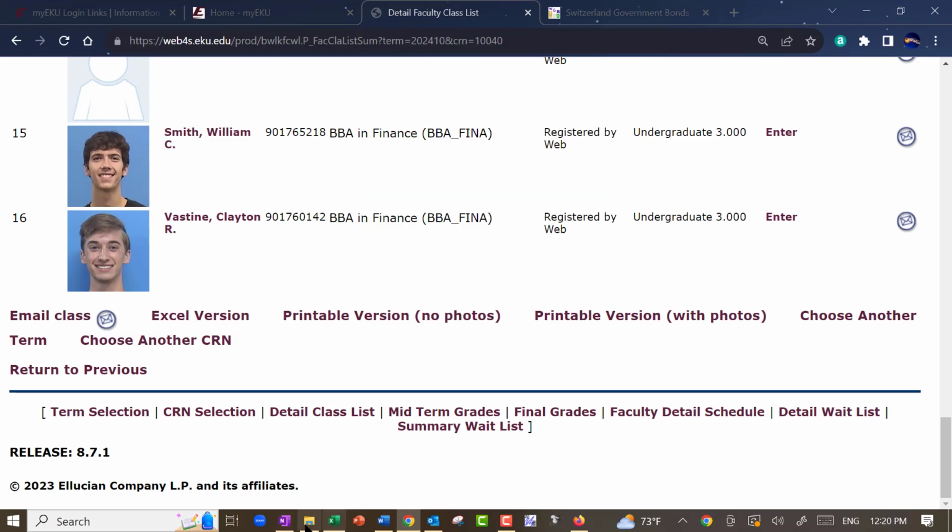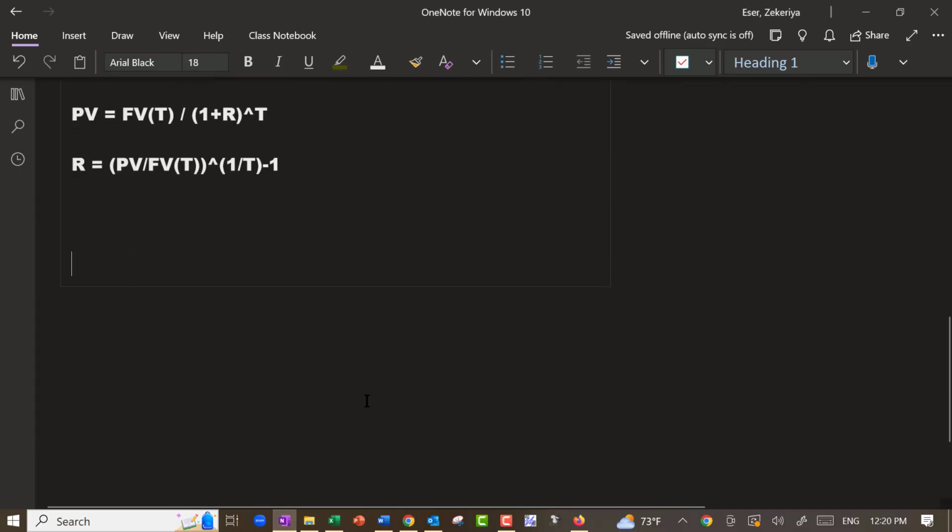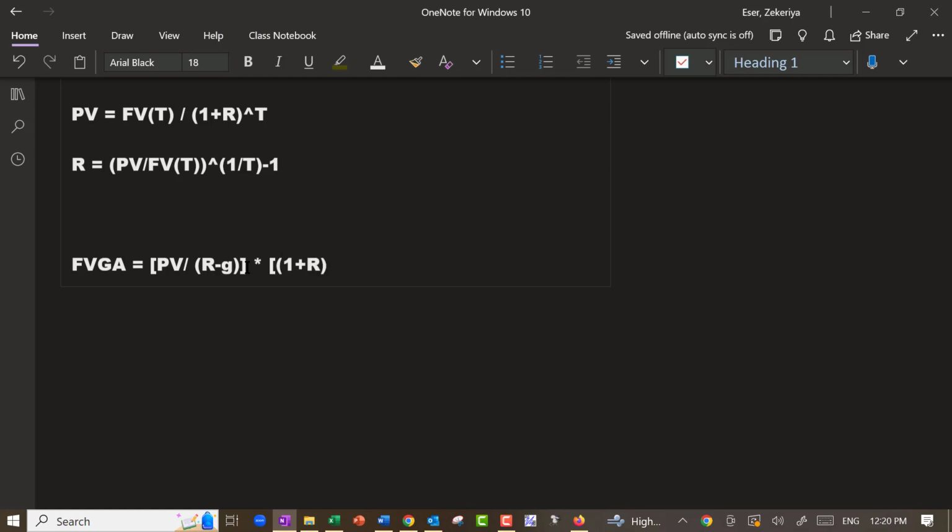We're going to make these calculations next time, but just to show you, it's PV divided by R minus G, R being the interest rate, G being the growth rate, times (1 plus R) divided by (1 minus G), the whole thing raised to the power T minus 1.